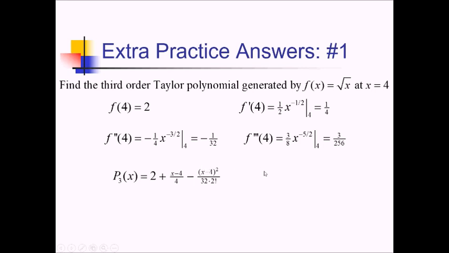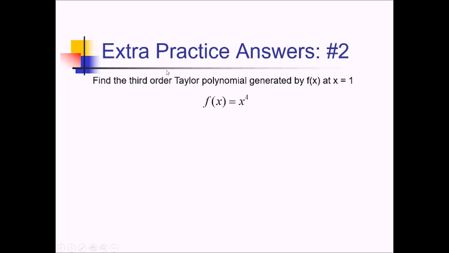All right, good to go on to the next one. For the next one, we have f triple prime of 4 over 3 factorial, and then we have an x minus 4 cubed. So this is going to be 3 times x minus 4 cubed over 256 times 3 factorial. And that's all positive. And that's it.